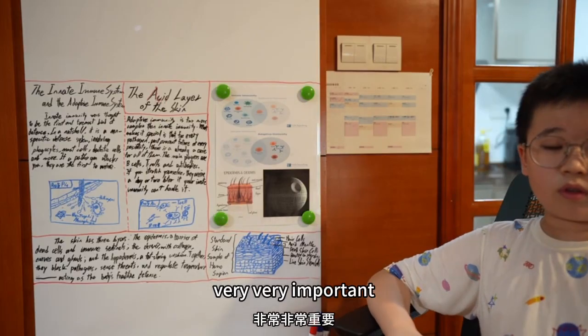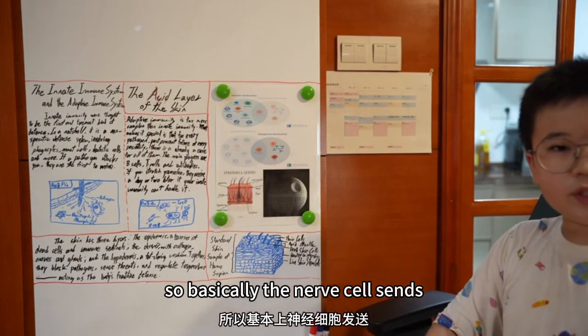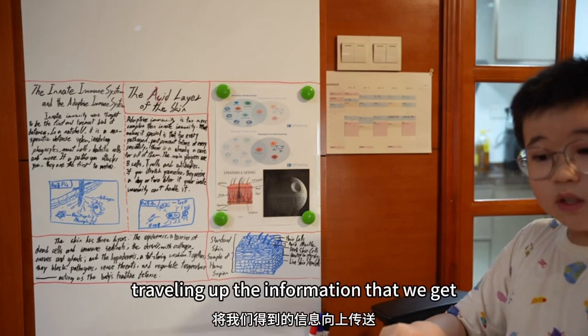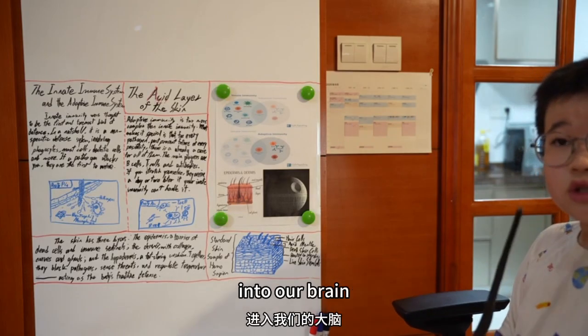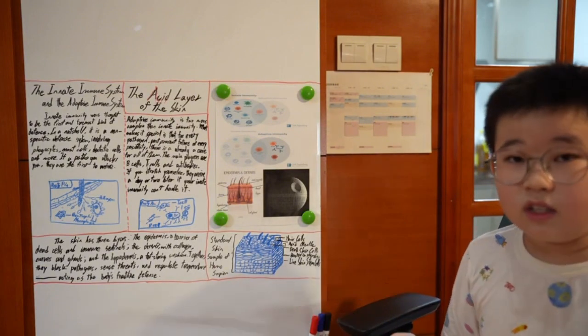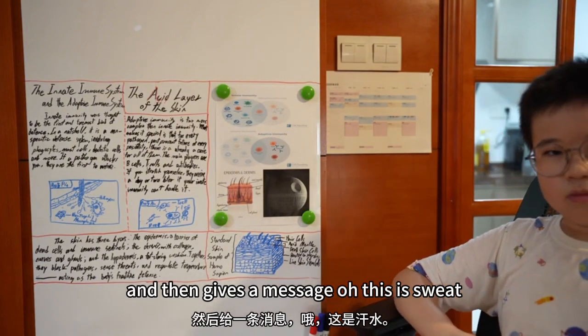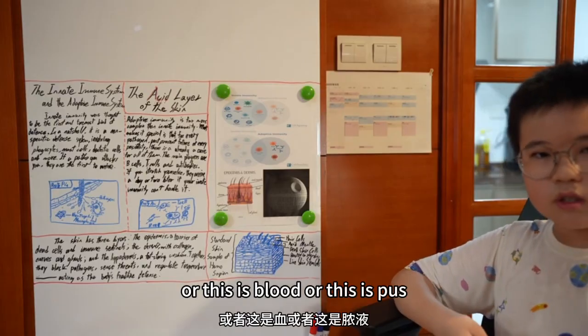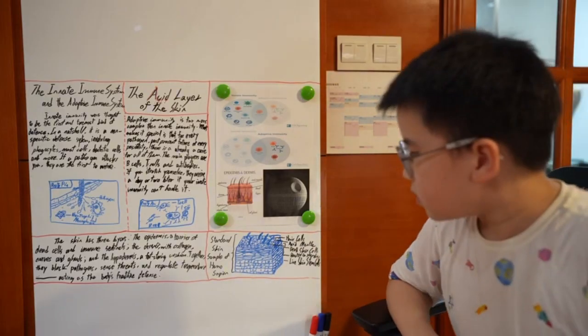Very, very important. So basically the nerve cells sense and send the information up to our brain. Our brain figures out, oh, what is this? And then gives a message, oh, this is sweat, or this is blood, or this is pus, and others.